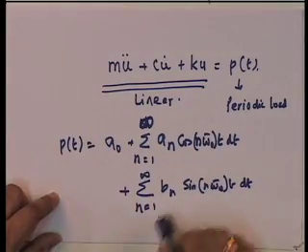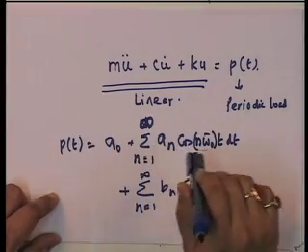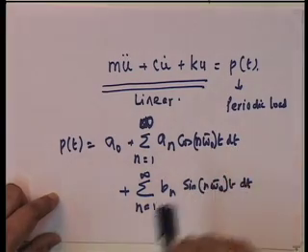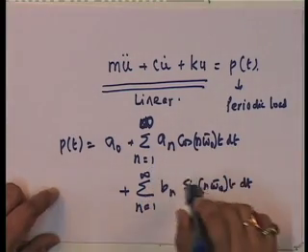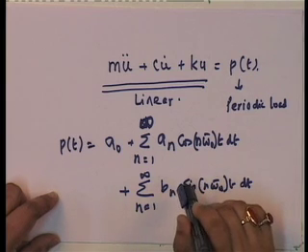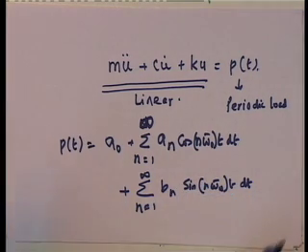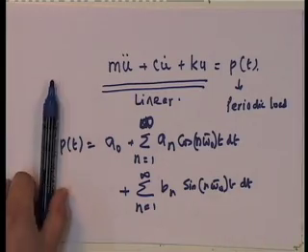A0 is one load, A1 cosine omega 0 t is another load, A2 cosine 2 omega bar 0 t is another load. So, I am looking at a periodic load as a summation of a constant load plus many harmonics. So, I need to only find the response to each load, and then I can just add them up. So, let us look at the response to each load.